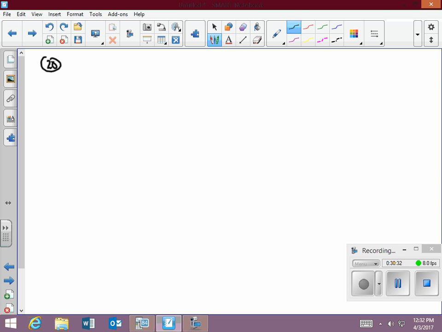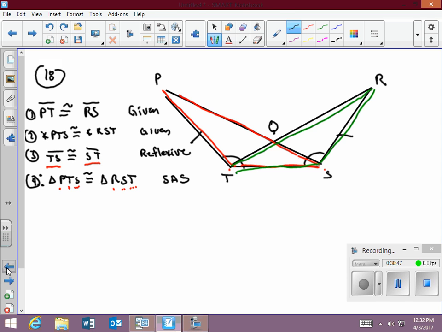So, like on a quiz, that's what I'm going to be looking for. It has to be stated right. The lines are going to have to be stated correctly to match. For example, in this problem, if I were to give it to you and you were to say TS is equal to TS, that's not right.